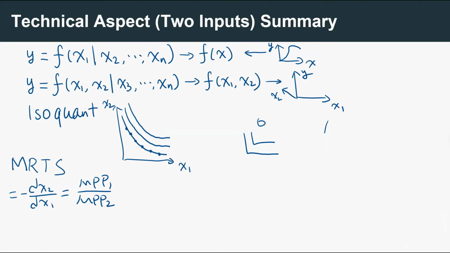We also mentioned that the isoquant curve patterns can also tell us about the returns to scale, whether it's constant returns to scale, decreasing returns to scale, or increasing returns to scale. And in this lecture, we also introduced homogeneous functions, and we mentioned that there are nice properties of homogeneous functions. Basically, there are three properties.